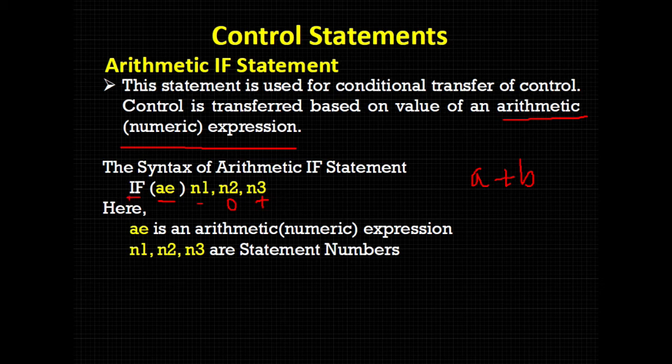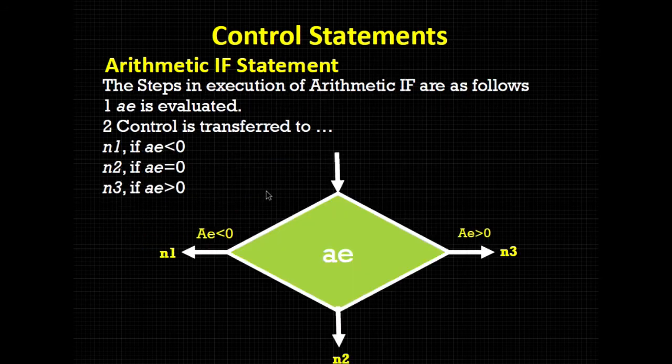Again, the syntax is if, in brackets, arithmetic expression, n1, n2, and n3. Depending upon the answer of this arithmetic expression, if it is negative it will execute n1, if it is 0 it will execute n2, and if it is positive it will execute n3. Here we have seen that whenever it is a logical condition, we use a diamond shape, as we saw in the flow diagram.